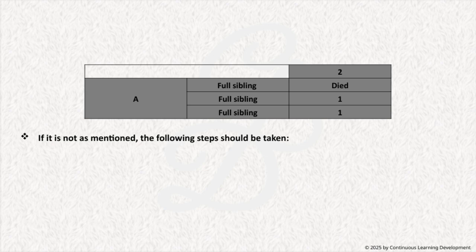This information is crucial because understanding family relationships, especially in cases like this, can impact various aspects such as medical history, inheritance, or even genetic considerations. Remember, if the situation is not exactly as shown, meaning if the sibling is still alive or there are different family dynamics, then specific steps should be taken to clarify or update this information.